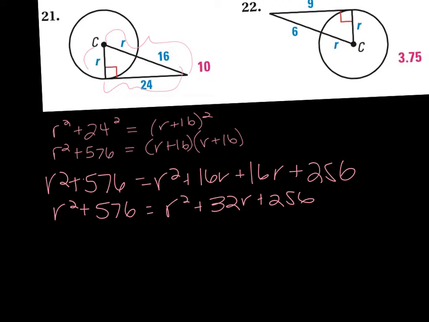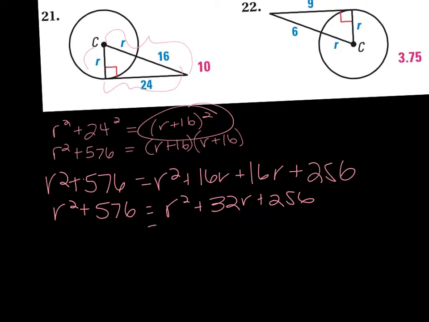Okay. So as soon as I get it to this point, hopefully there's some connection with your algebra skills, right? First of all, you had to know that you can't just distribute this power. You have to expand that and FOIL it, which is what we did. But then when I get to this point, I would group together my r squareds and my r's.